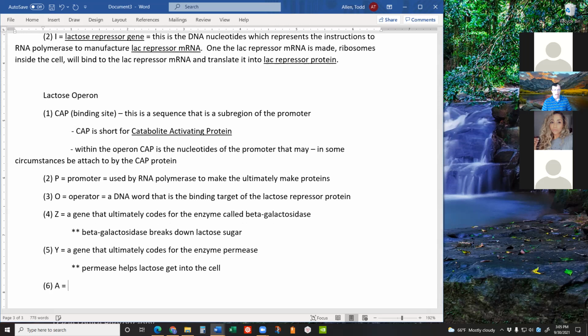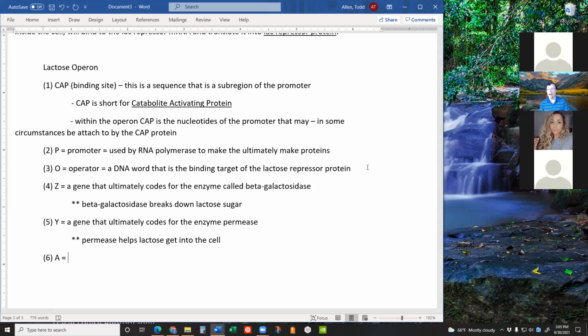And then there's a gene A, which codes for an enzyme that is still a little bit of a mystery to scientists exactly what it does. What I can tell you about gene A is that this gene product has been studied for at least 50 years. And we're still a little bit confused about what it does. Hey, 50 years of effort, we can't figure it out.